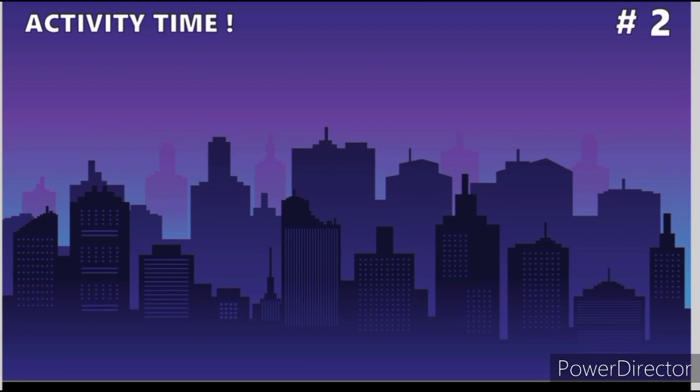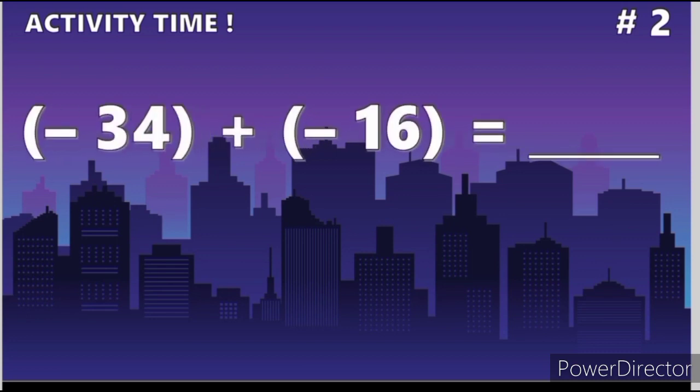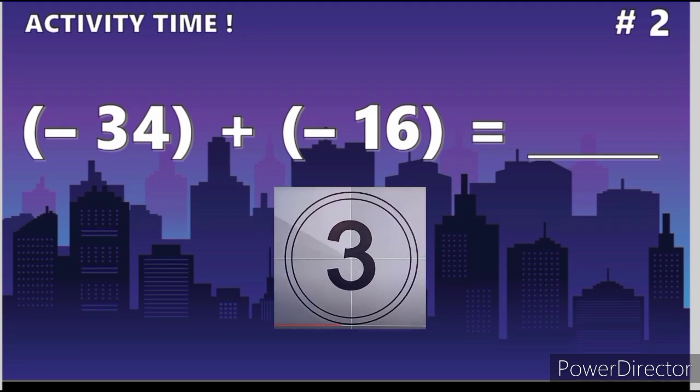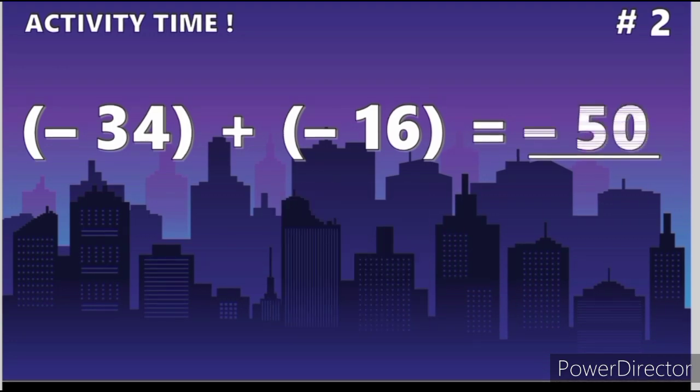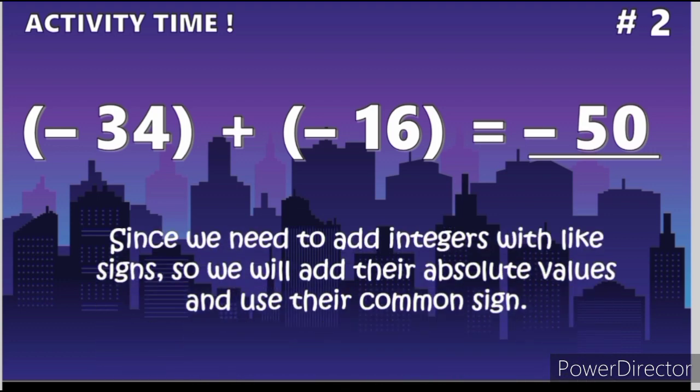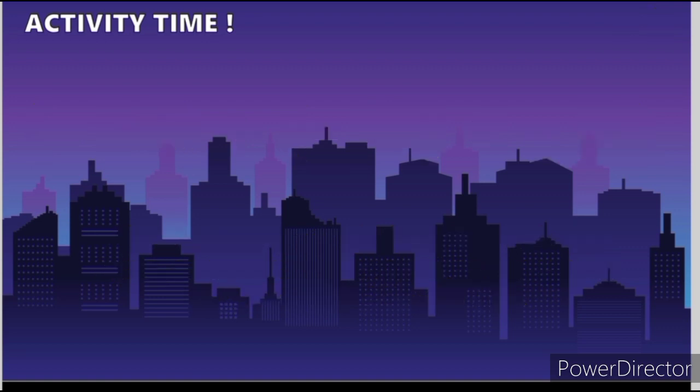For number 2, negative 34 plus negative 16, what will be our answer? Yes, negative 50. So we need to add integers with like signs. So we will add their absolute values and use their common sign.